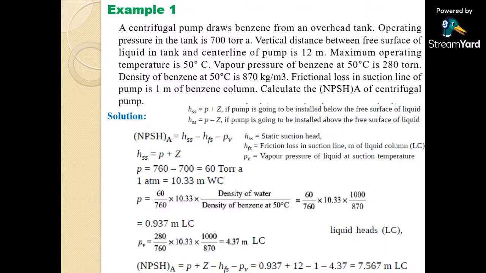So HFS is known, this is known, this one is known. The question is here, HSS. So we have to write the third parameter as HSS, and we know it is to be calculated from the available pressure plus minus Z. Okay. So you have got three parameters: HSS, HFS, and PV.